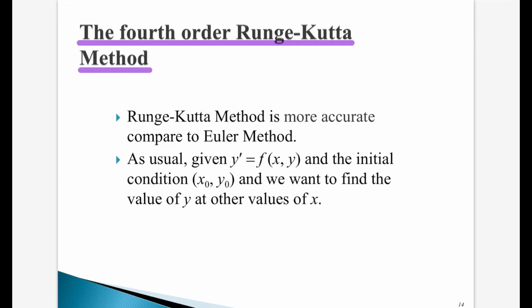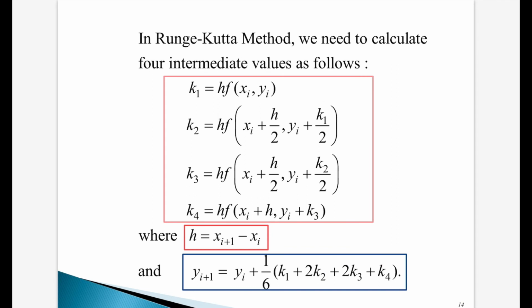Next method will be the fourth order Runge-Kutta method. The Runge-Kutta method is more accurate compared to Euler's method. Okay, as usual, given y prime equal to f(x, y) and the initial condition x0, y0, and we want to find the value of y at other values of x. In this method, we need to calculate 4 intermediate values as follows.